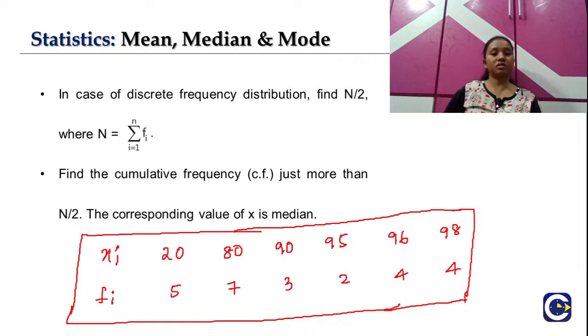So quickly do it, guys. The values are given and their corresponding frequencies are also given.